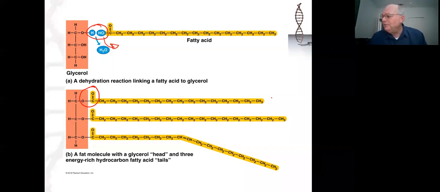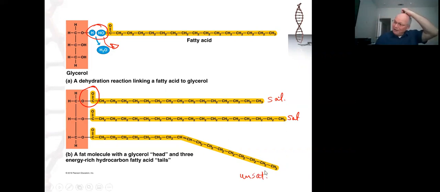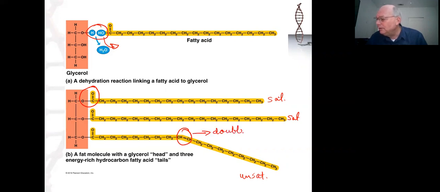And again, this is a saturated fat. This is a saturated fat. This is an unsaturated fat. So how do I know it's unsaturated? The giveaway is the presence of the double bond here. So the double bond means unsaturated.